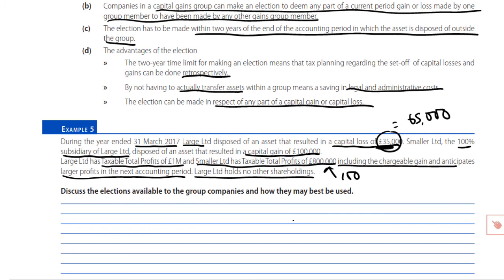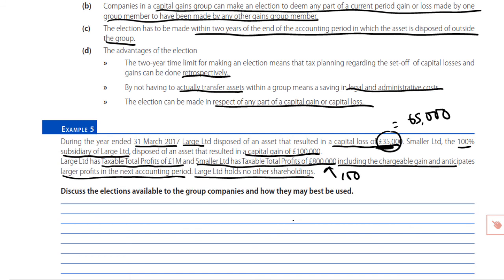Now what that means is that if, as at the moment, each has a profit in excess of £750,000, or at least a figure of 750,000 plus, then both would be required to make quarterly instalment payments next period, if not indeed in this period, presuming that for next period we were estimating that the company was going to be large.